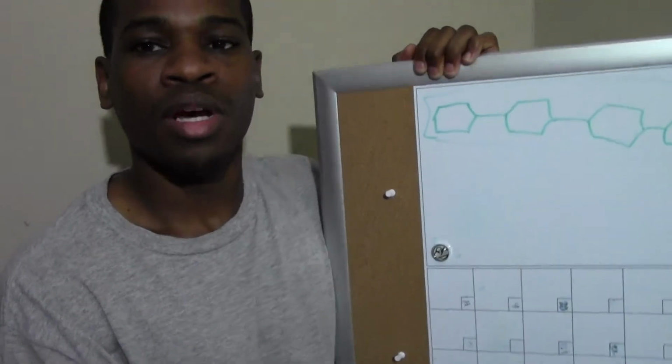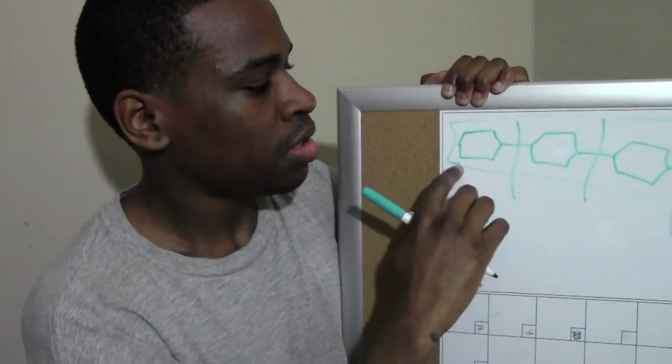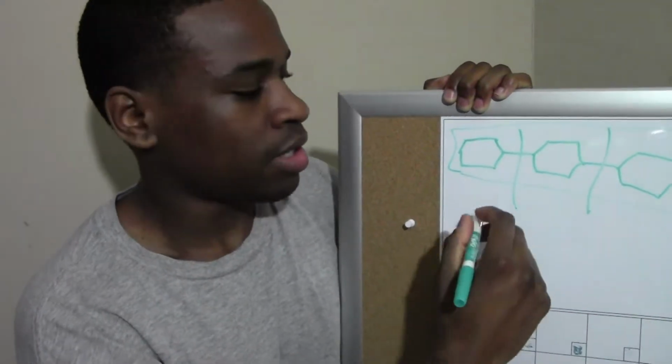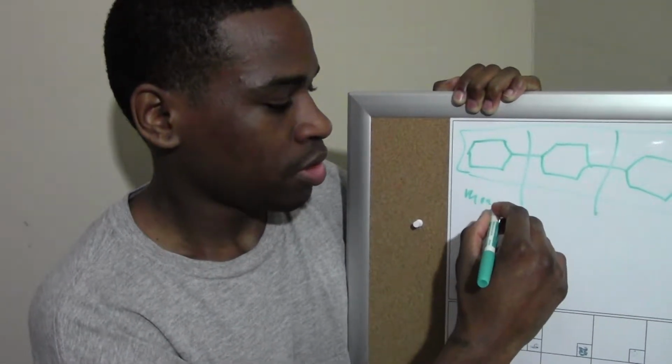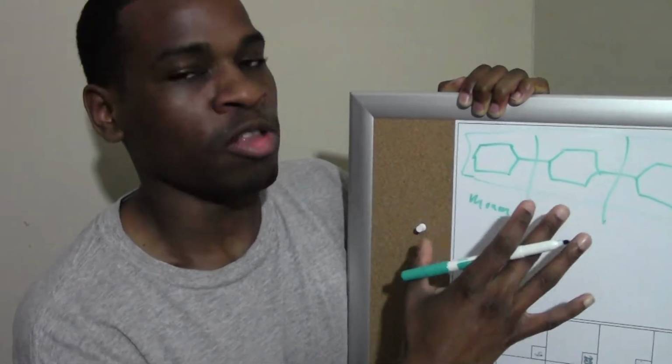This whole structure would be a polysaccharide, but each structure within the polysaccharide is a monomer, a glucose monomer, and each small glucose monomer makes up a polysaccharide, which makes it a complex carbohydrate.